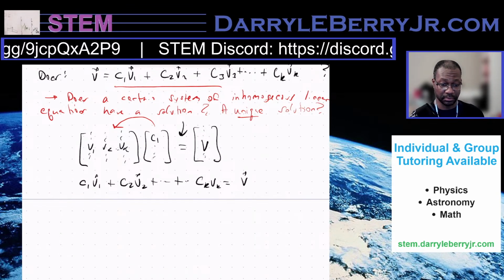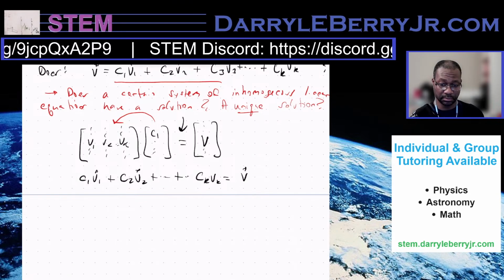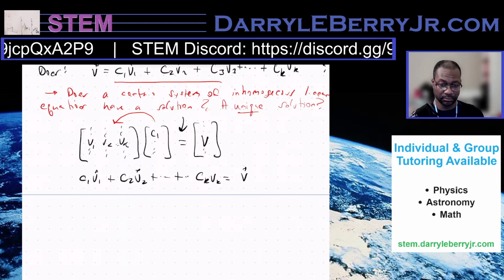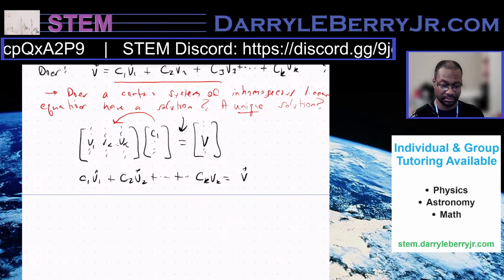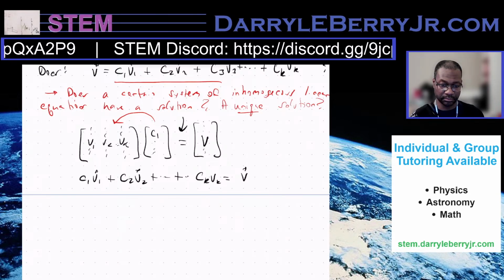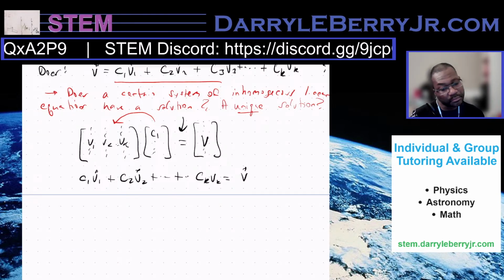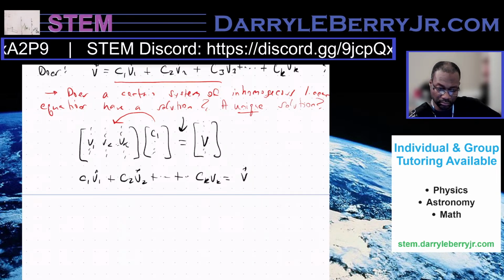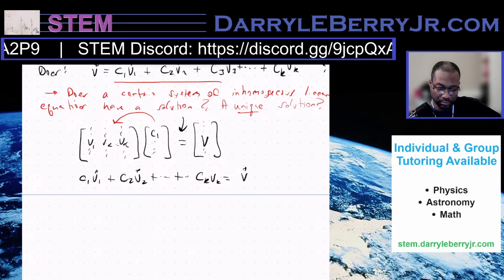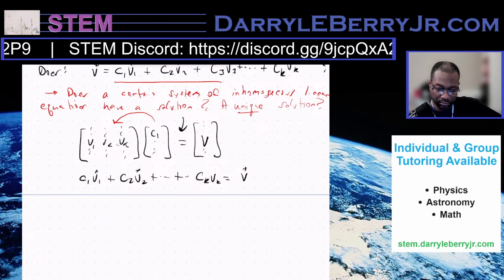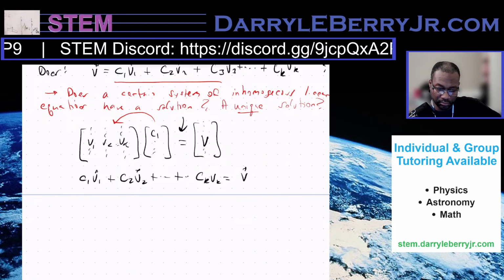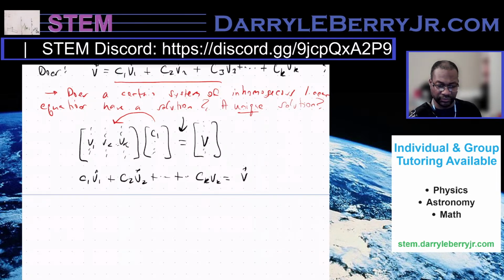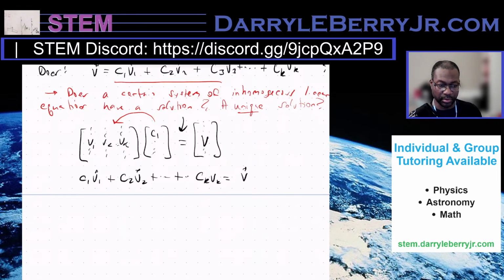So here's an example, where the system is inconsistent. And let me see if we should do this example.